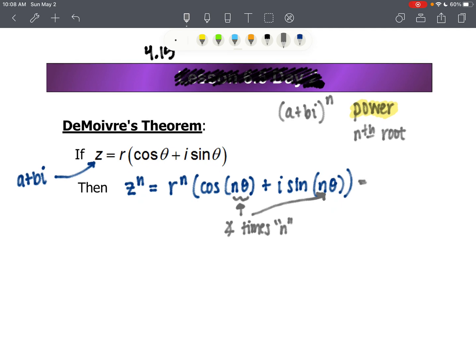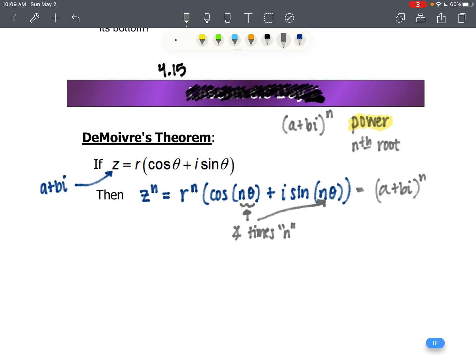And this is equal to a plus bi raised to the nth power. So a very important formula, so important, let's highlight it. So we've got z to the n equals r to the n times the quantity cosine of n times theta plus i sine of n times theta.